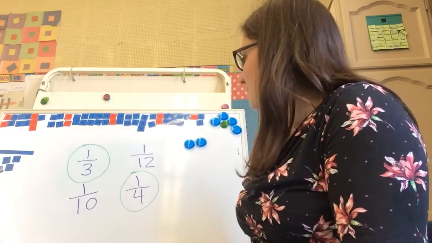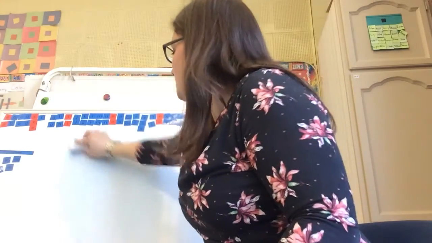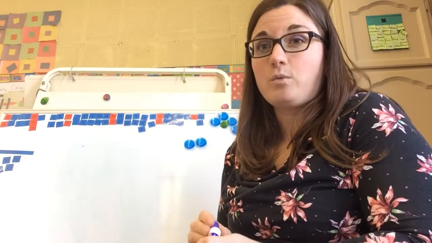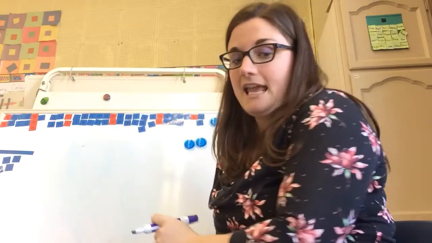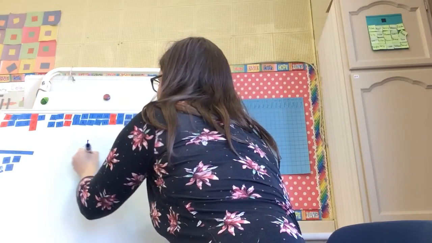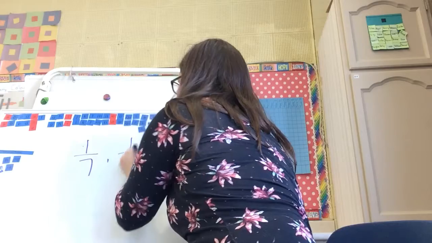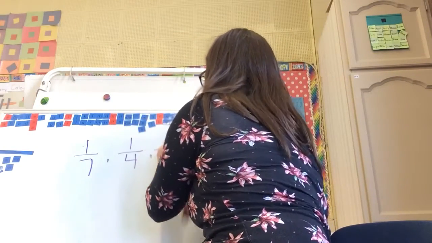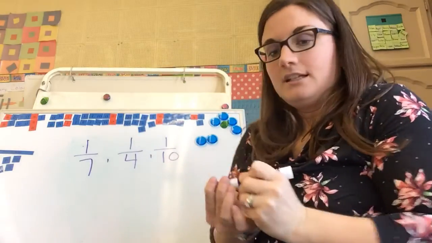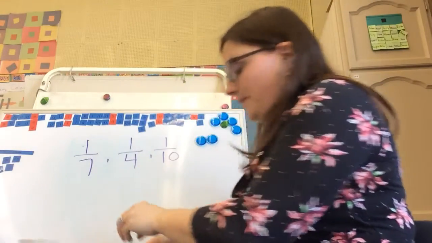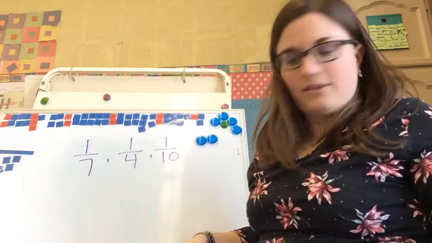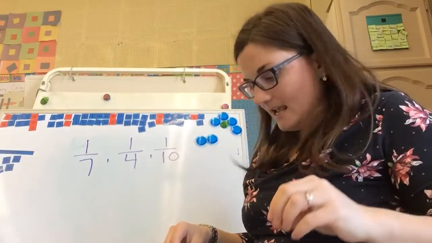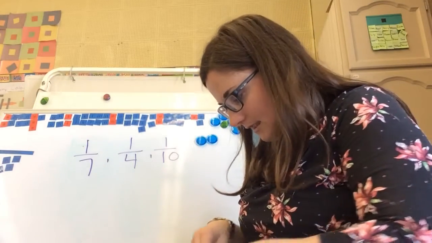This time on the board, I'm going to list some fractions and we're going to put them in order, which would be the smallest and the biggest. So we have 1/7, we have 1/4, and we have 1/10. You can get your tiles if you want, and I will grab mine. 1/10 and 1/4, and I need a 1/7.